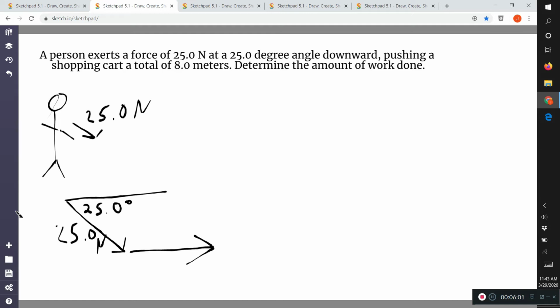Essentially, we just need to resolve our force vector into its horizontal component would be one way to look at it. So, if we think of it like this, and this are going to be parallel, meaning that we can use 25 as our angle in this situation.